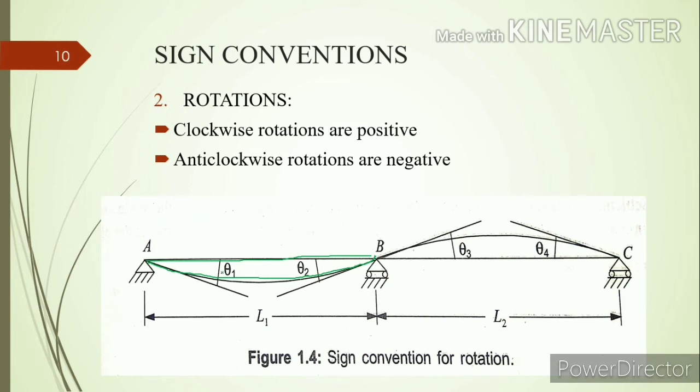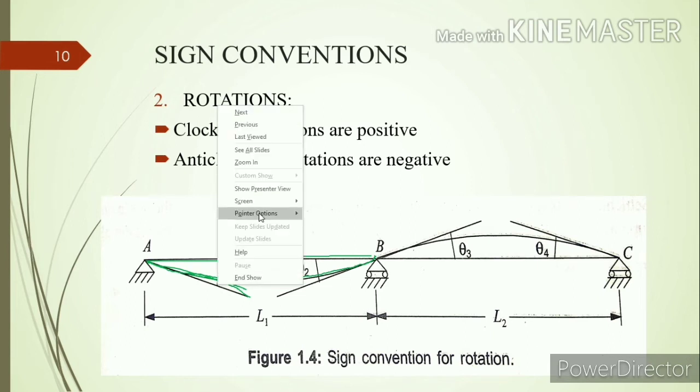So theta 1 is the angle, the slope of this deformed shape. The angle theta 1, that is the slope, is measured from the tangent. This is the tangent drawn to measure the slope. So the slope is measured from the tangent to the initial position of the beam.